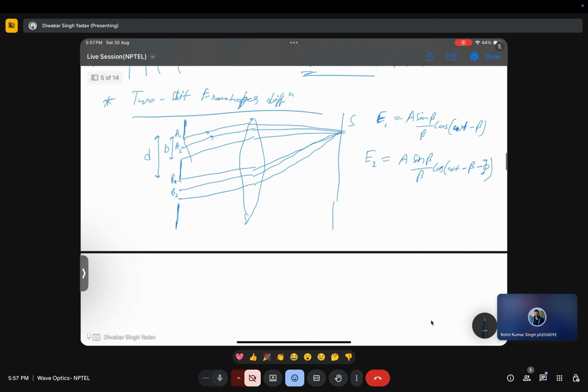Because of this distance, basically this will be the phase difference. Let's call it b1 prime. What is b1 prime? It will be again d sine theta, if this is your theta. So this phase difference will be 2 pi by lambda d sine theta, correct?